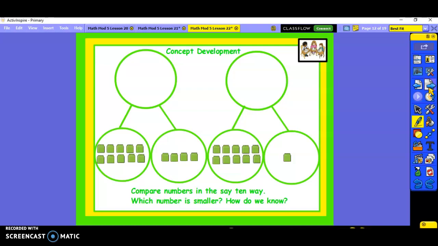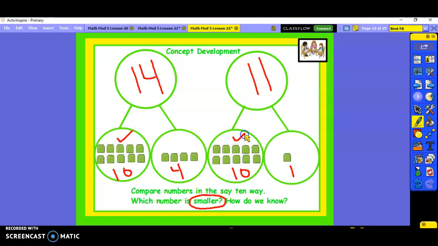Okay, let's look at our first number bond. We have 10, 4, you got it, 14. Our second number is 10, 1, 11. Look at that. Let's compare our numbers, but this time, Miss Narcan wants you to tell me which one is smaller. Ooh, so let's be careful. Not greater, but smaller, or we can say fewer than. 14 has a 10, 11 has a 10.